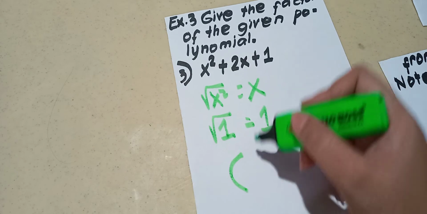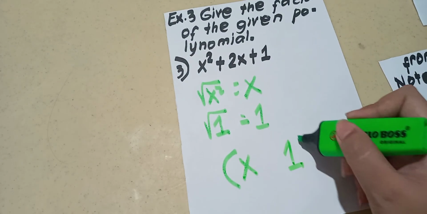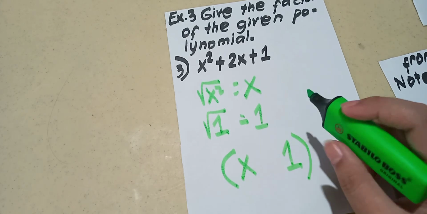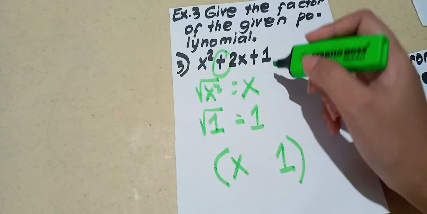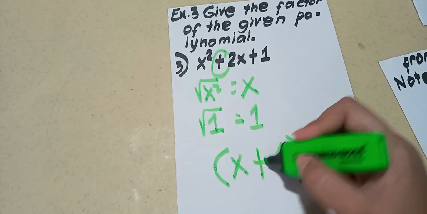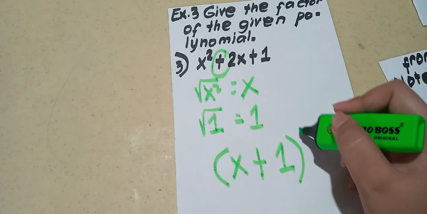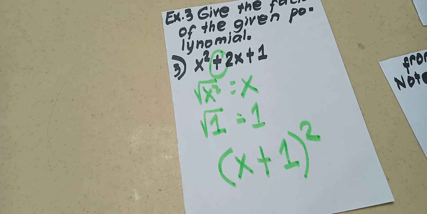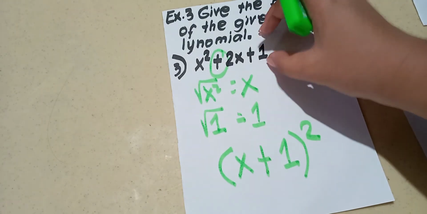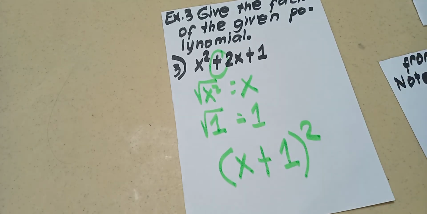Our x is our first term and our 1 is our last term. We copy the middle sign of this PST and put it inside the binomial. Then the last step is to square the binomial we created. Therefore, the factor of this perfect square trinomial is x plus 1 squared.